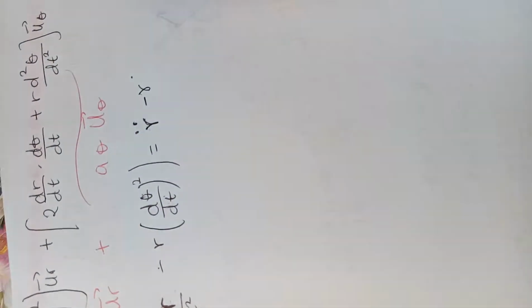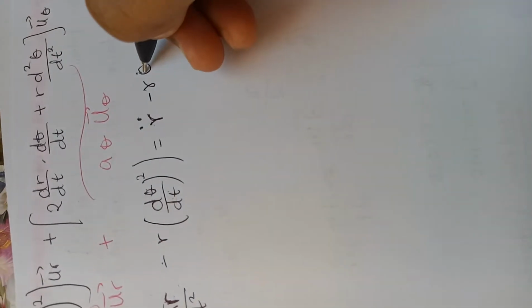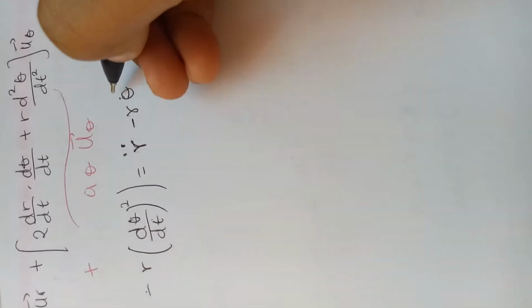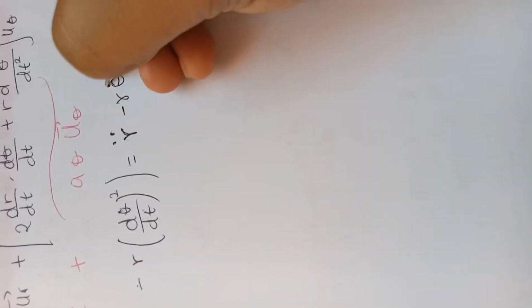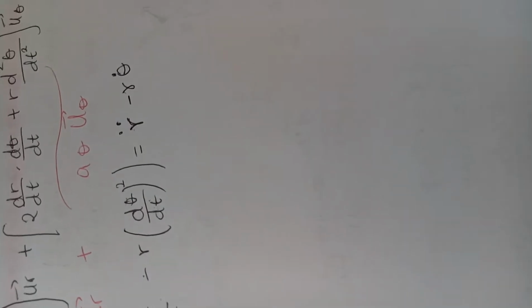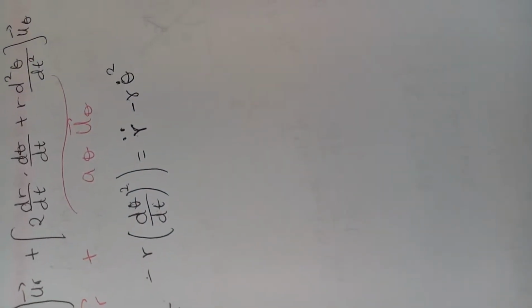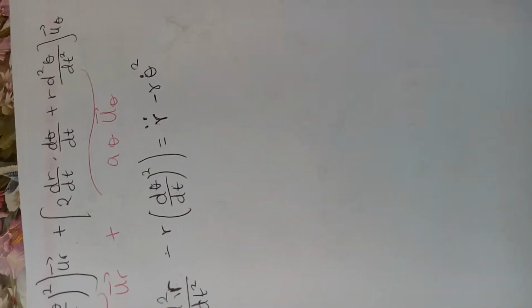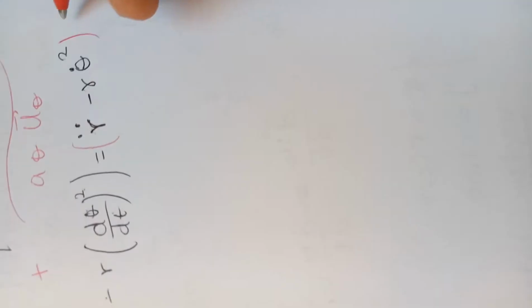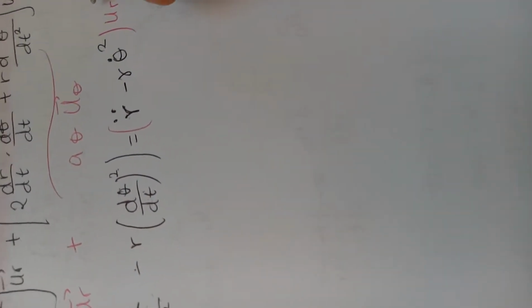So it has been derived once, so I'll just have 1 to show that it has been derived once, and then raised to the power of 2, that is this. So finally my AR UR will be this, UR.